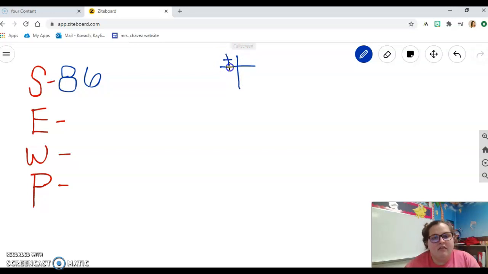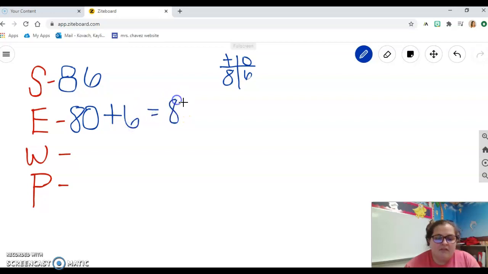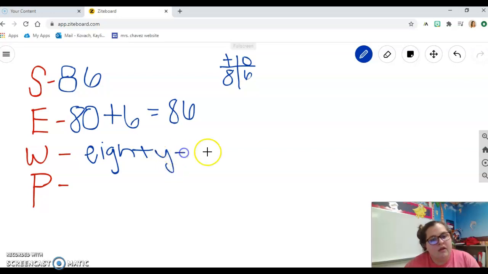All right, let's do our tens and our ones. So we have an 8 in the tens place and a 6 in the ones place. Expanded form is going to look like 80 plus 6 equals 86. Word form is going to look like eighty-six.